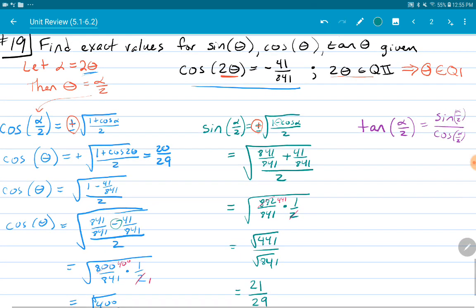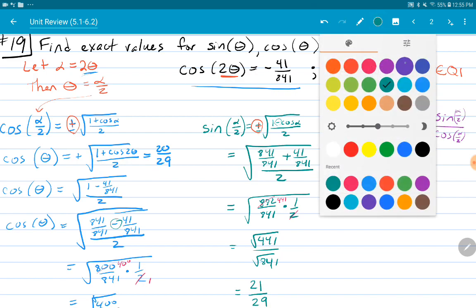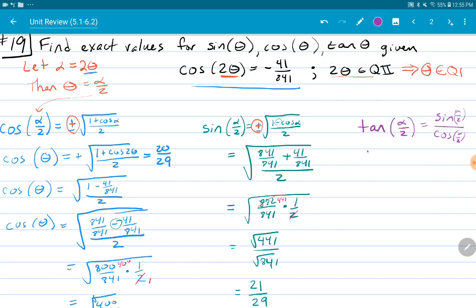Now tangent, we do have a half angle identity for tangent, but we don't necessarily need it in this case because we already solved for sine and cosine, and I know tangent is sine divided by cosine. So for tangent of theta, I will just do sine of theta over cosine of theta, and I already have those over here.